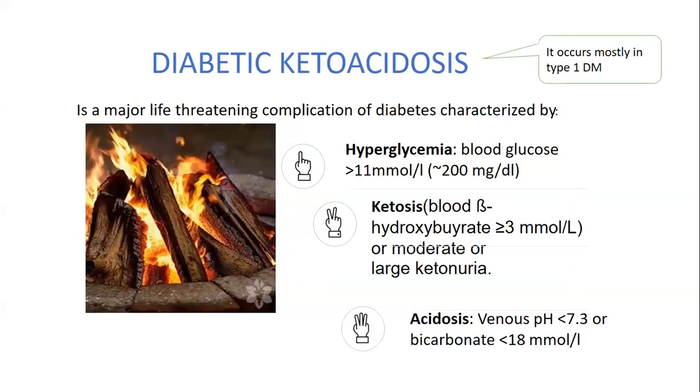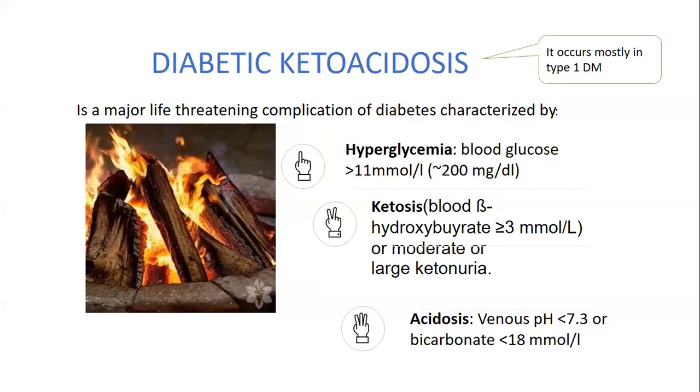In most of our centers, especially in the counties, we are not able to do blood beta hydroxybutyrate, so we do urine ketones, and usually you have moderate or large ketonuria, which is more than 2+ of ketones on the urine dipstick. The other characteristic is acidosis: a venous pH less than 7.3, or bicarbonate less than 18 millimoles per liter.